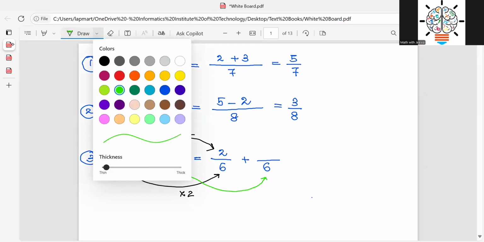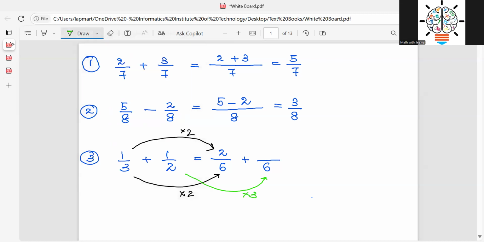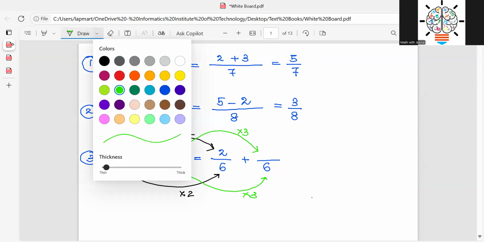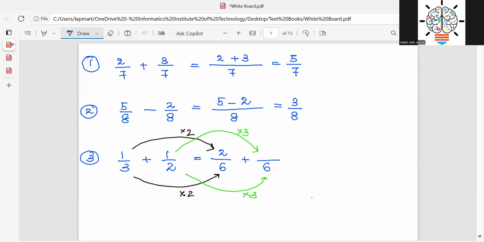You multiply it by 3, so I do the same thing here, multiply by 3. I write the answer, 3 times 1 is 3. Now I can easily do this because both have the same denominator. So I write 6 here, then 2 plus 3, and the final answer is 5/6.